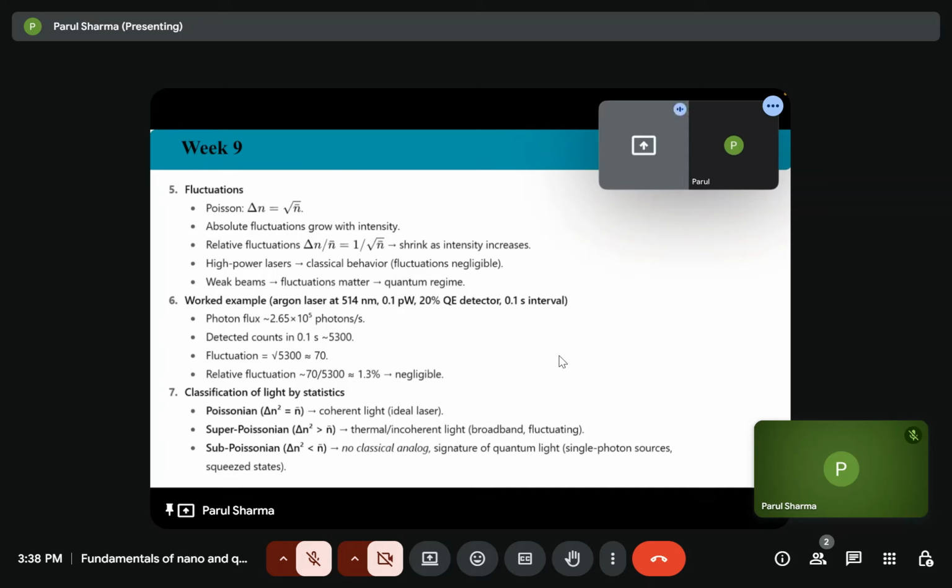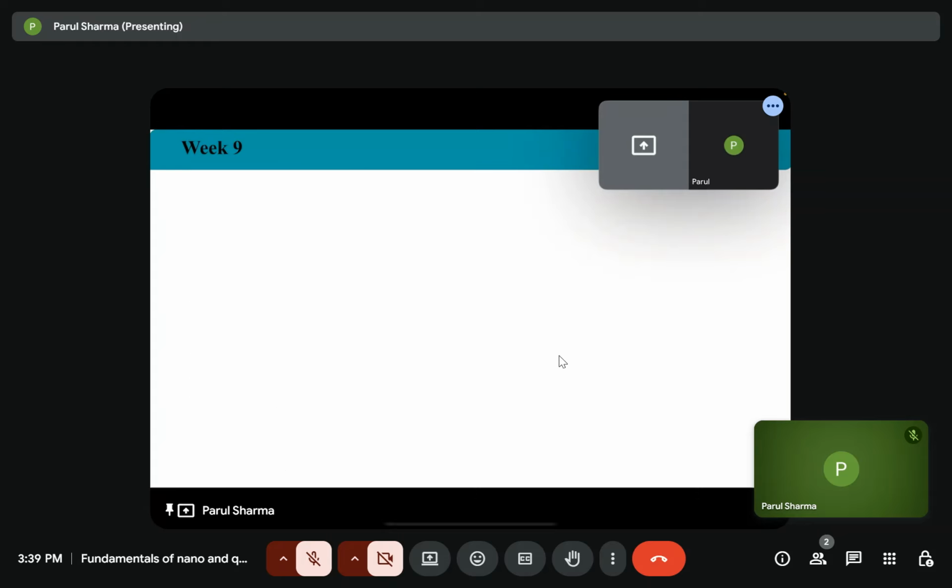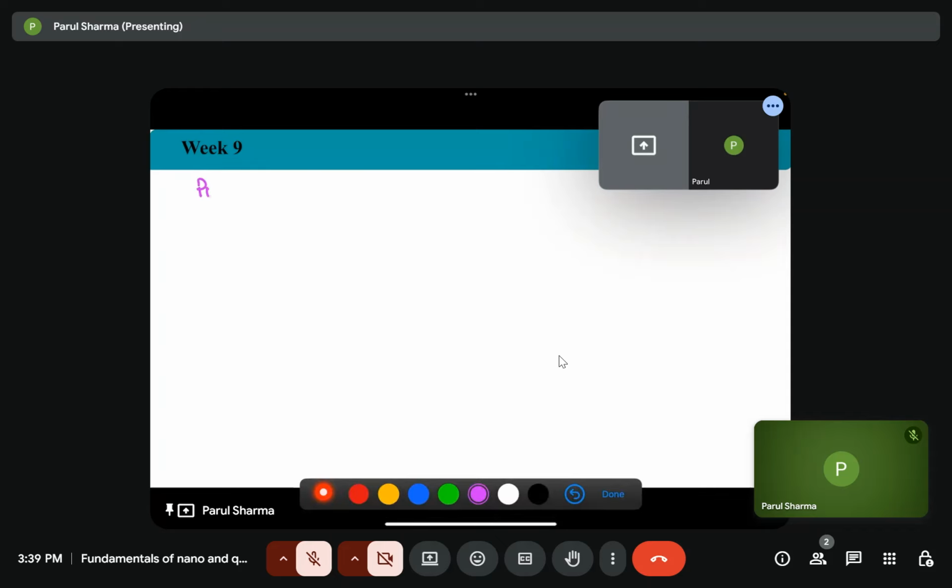If we have the Poissonian statistics, it is categorized into three parts.